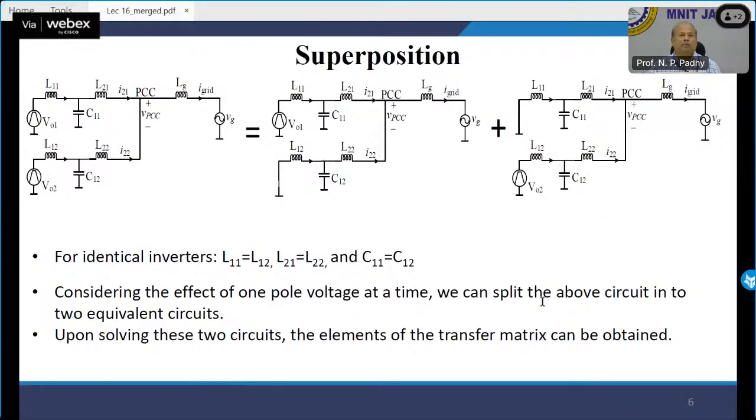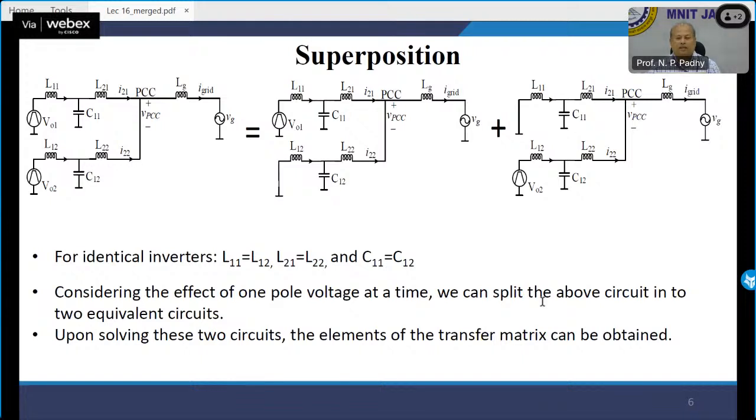Here we have two voltage sources. In the first case, we determine the response I grid with the second voltage source replaced by its internal impedance, meaning short circuited. So we have short circuited VO2. In the second case, we have short circuited VO1.